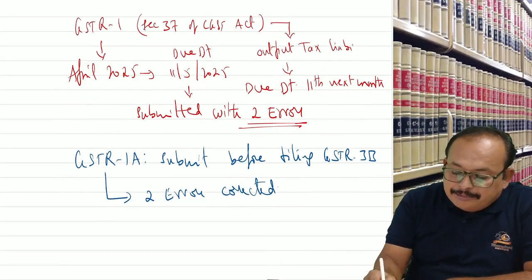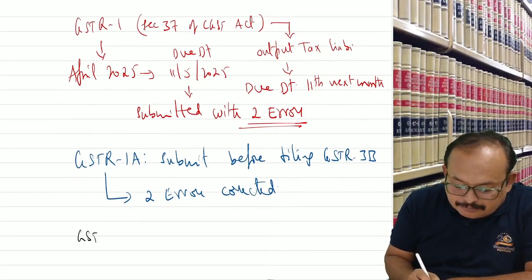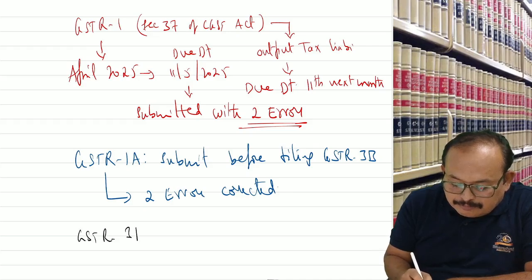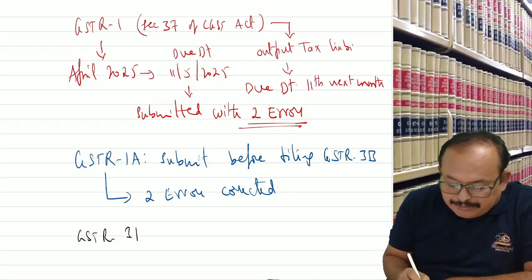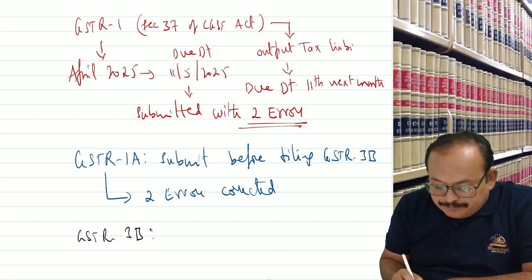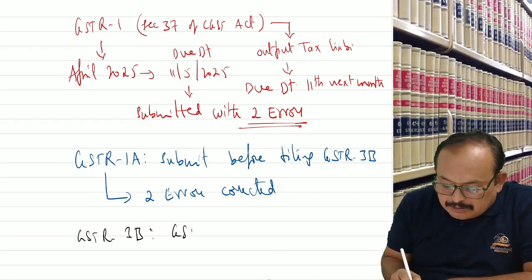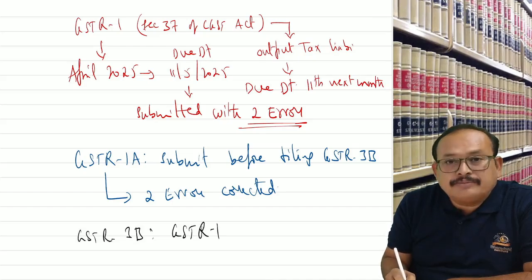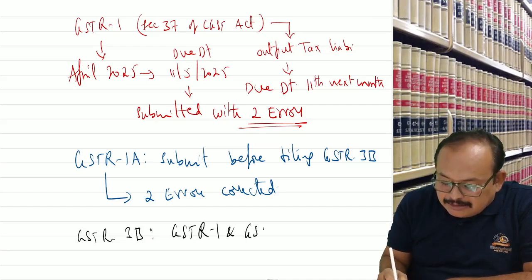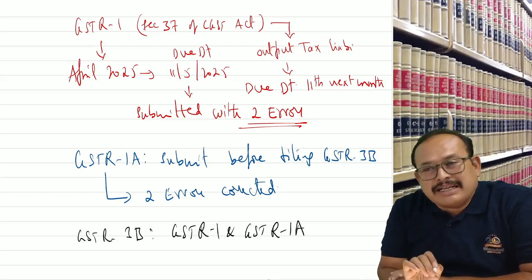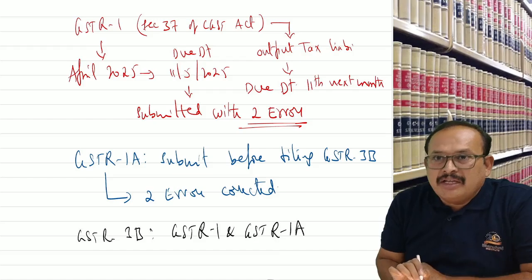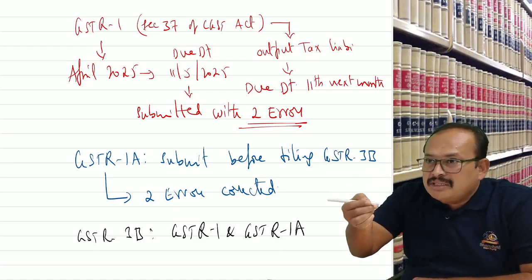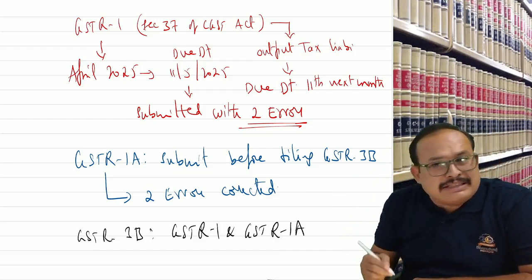Then GSTR 3B, when you are going to file, it captures the data of GSTR 1 and GSTR 1A. Whatever correct data you filed in GSTR 1, and any error, omission, alteration you made in GSTR 1.